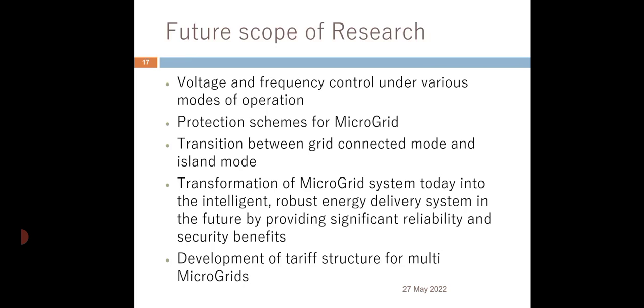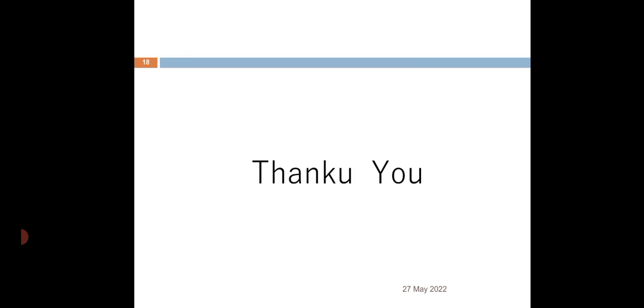Next is transformation of today's microgrid system into an intelligent, robust energy delivery system in the future by providing significant reliability and security benefits. Development of tariff structure for multi-microgrids. Thank you for watching the video.